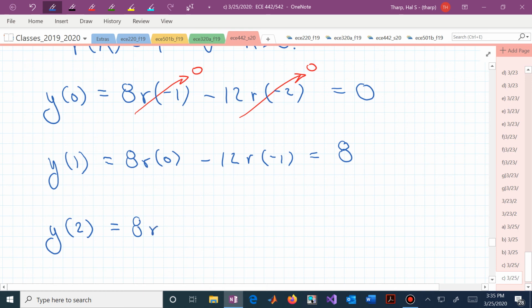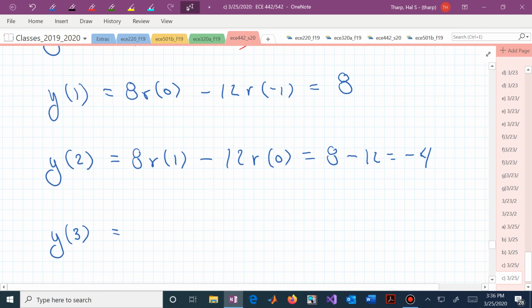Now we have 8 r of 1 minus 12 r of 0. Or this is now 8 minus 12, or minus 4. What about y of 3? The difference equation hasn't changed. It's just the arguments of these r's. This is now n minus 1. n was 3, so this is 8 r of 2 minus 12 r of 1. Again, this is 8 times 1 minus 12 times 1, or minus 4.